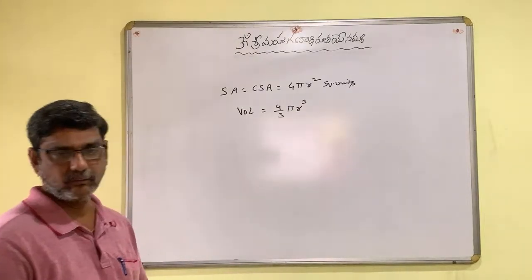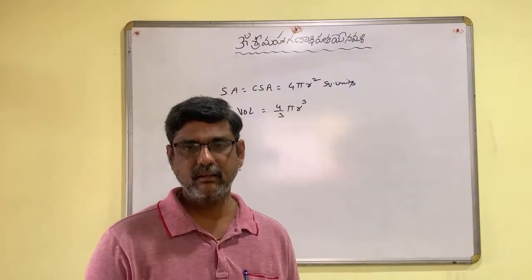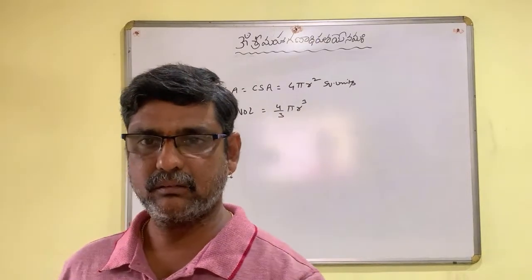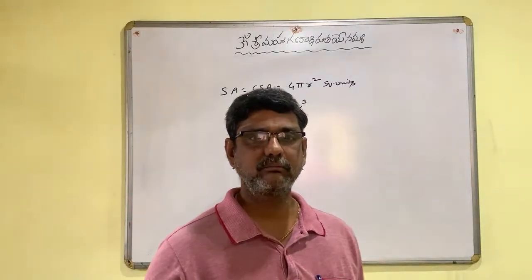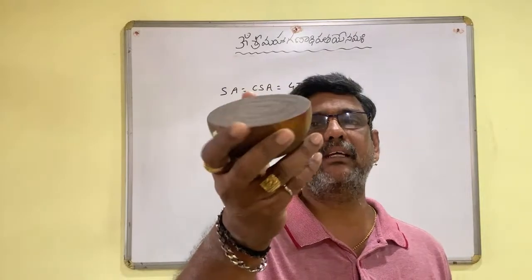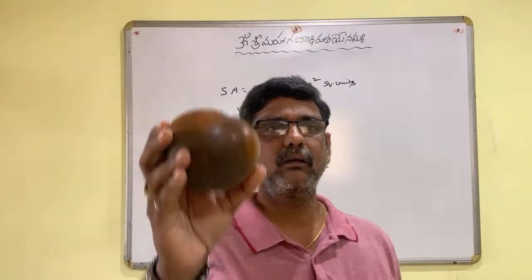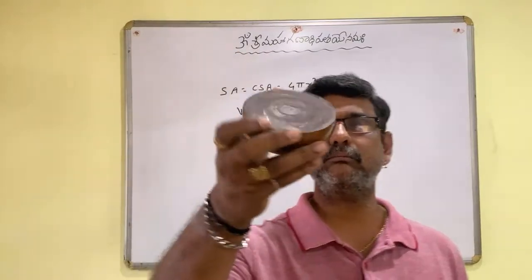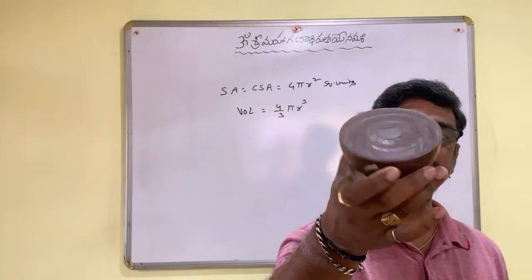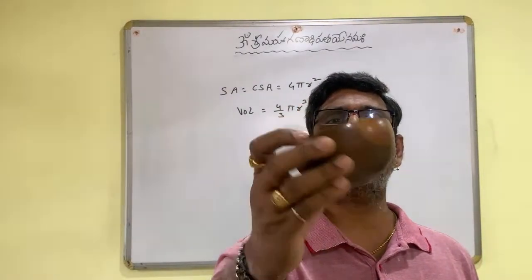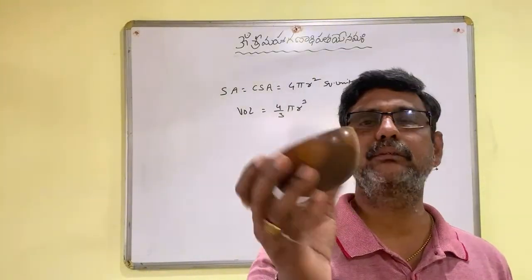Now, if we cut a sphere into two equal parts, one of the parts looks like this, and we can name this part as hemisphere. So hemisphere is having two faces.